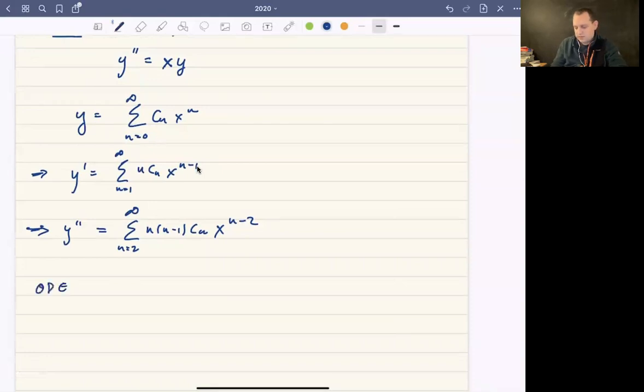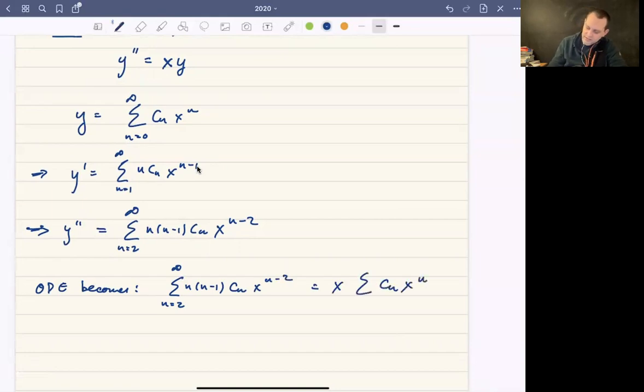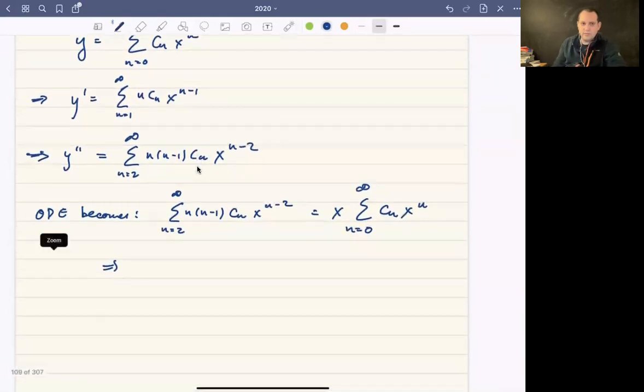Okay, so our ODE is going to become the sum from 2 to infinity of n times n minus 1 c sub n x to the n minus 2, equal to x times y, which was the sum c sub n x to the n, n from 0 to infinity. This is going to be very similar to the previous one.